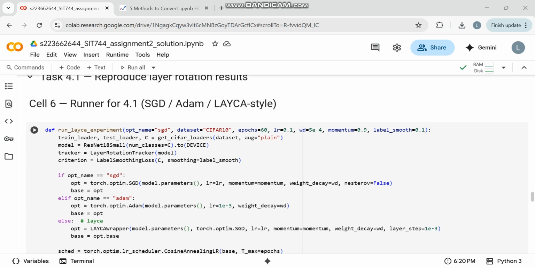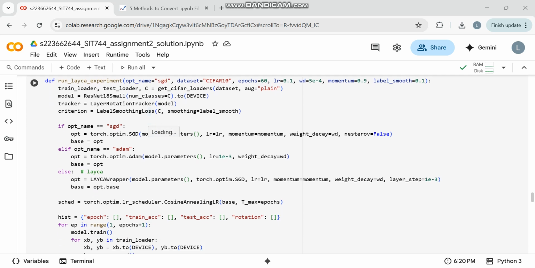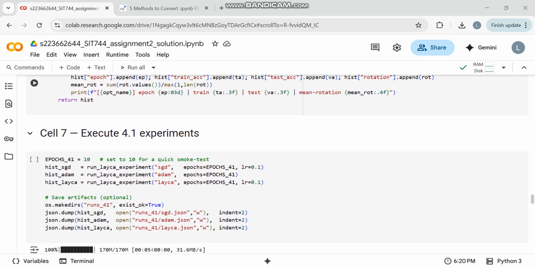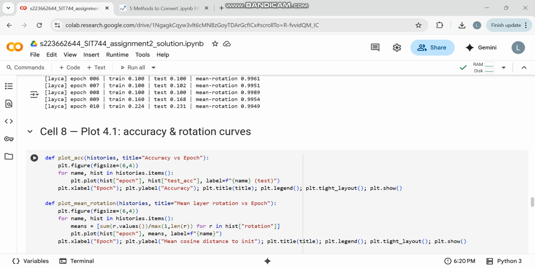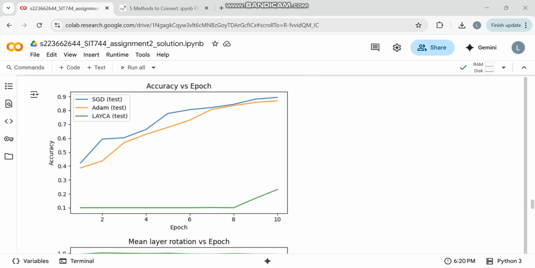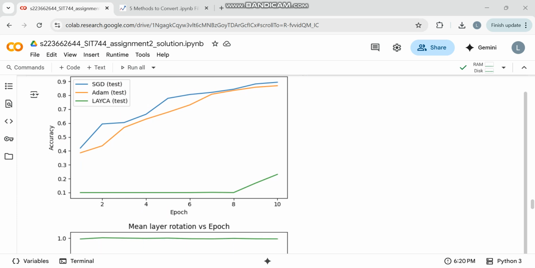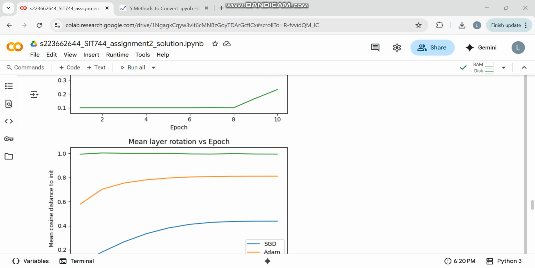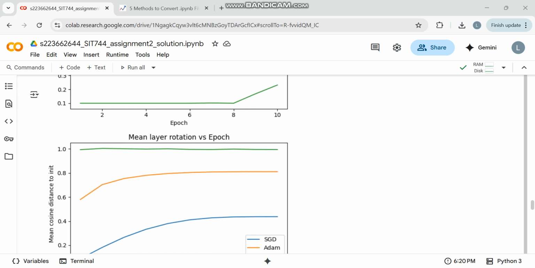As you can see, here are the reproduction results: the test accuracy curves, in the middle the mean cosine distance to init, and the final per-layer rotation. Two patterns stand out. First, runs that reached higher, steadier rotation also achieved better test accuracy, mirroring the original paper.